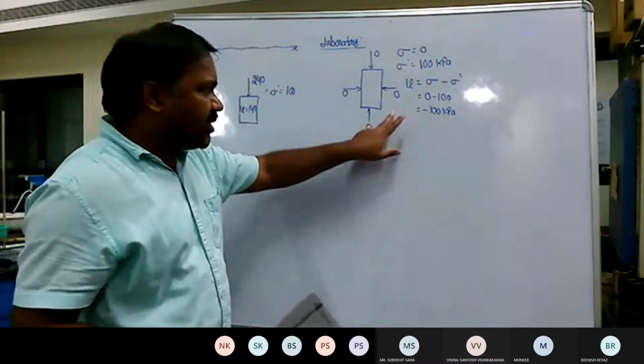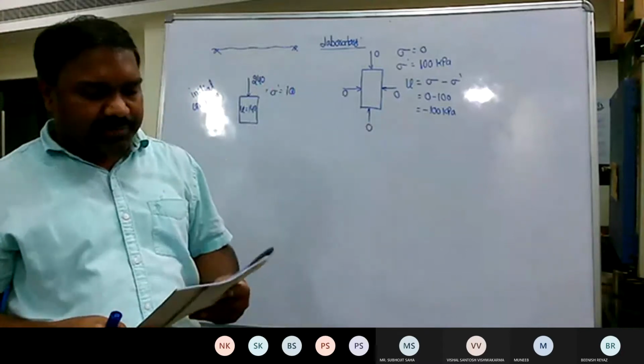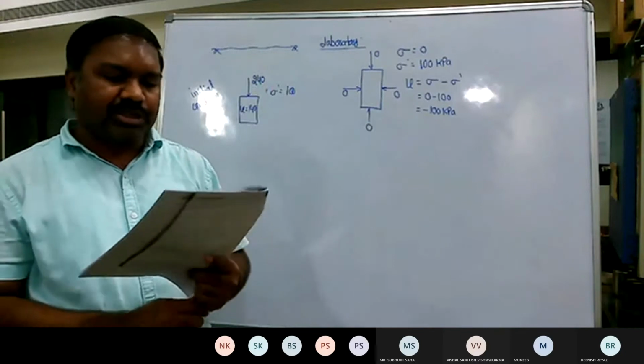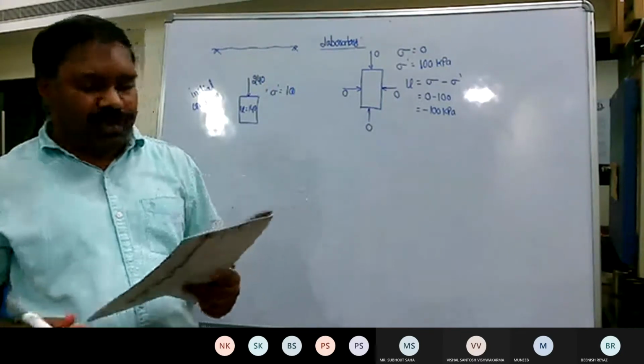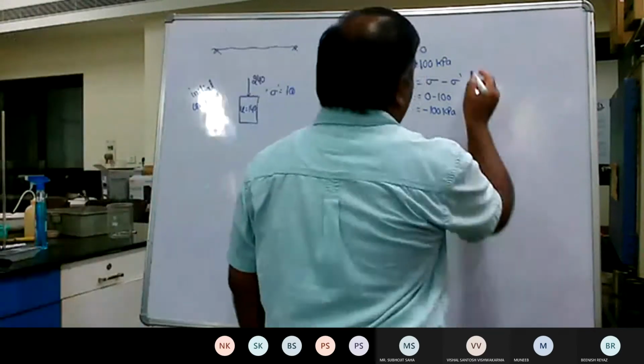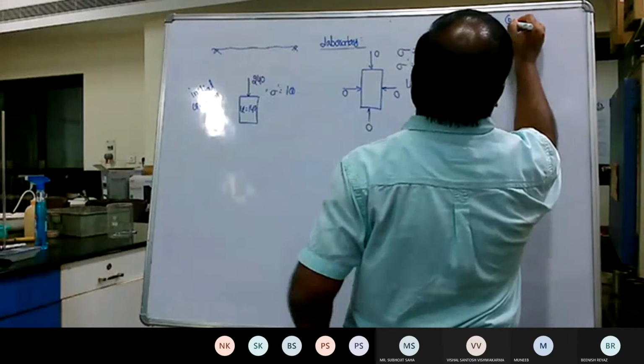Now, from this state, what has been done? The sample was placed in a triaxial cell and was subjected to a cell pressure of 100 kilopascals under undrained condition. Now let us come to the P point.